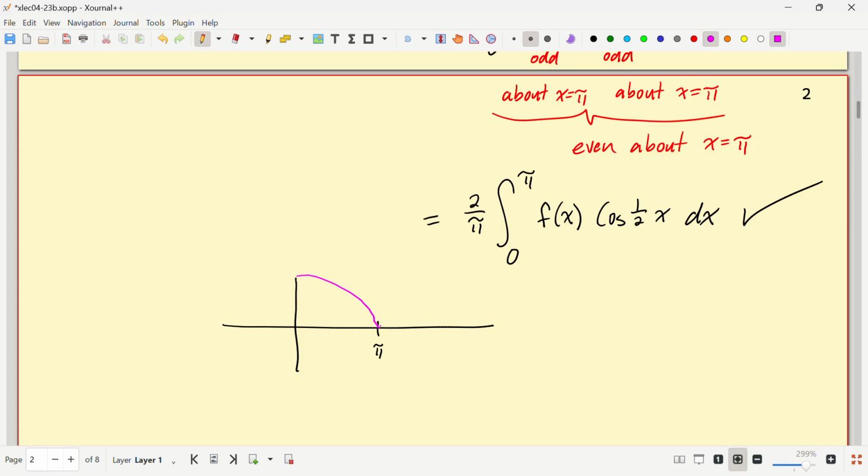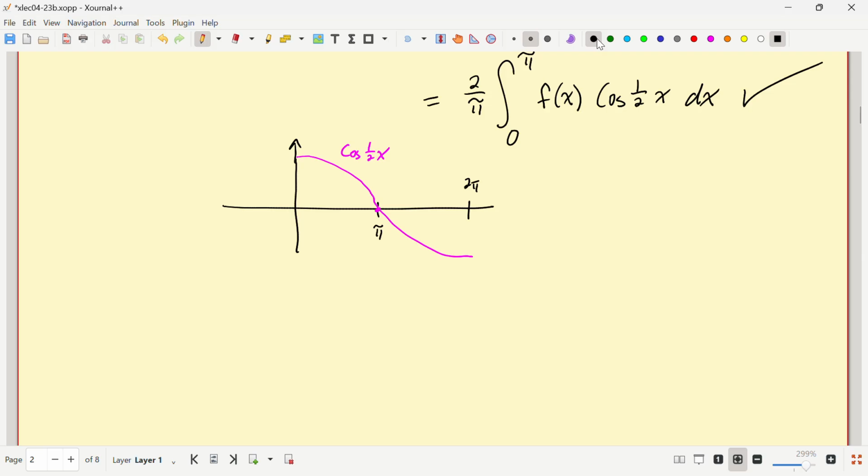And then it would go down and be like this. So this is a graph of cosine x over 2. And you see that, yes, sure enough, it's odd about x equals pi. And 3/2 would be doing something very similar.